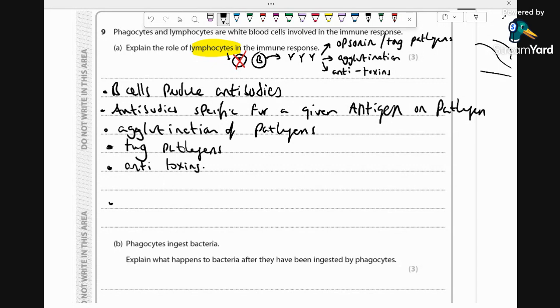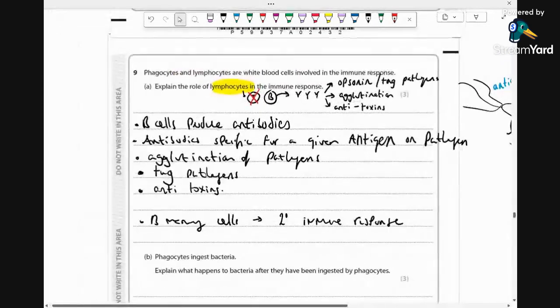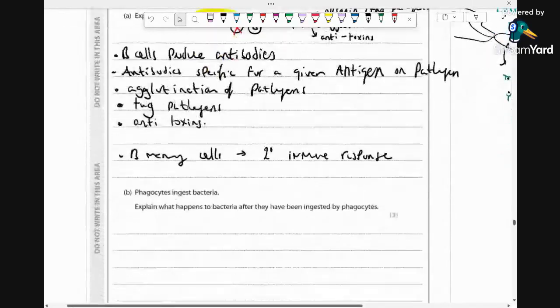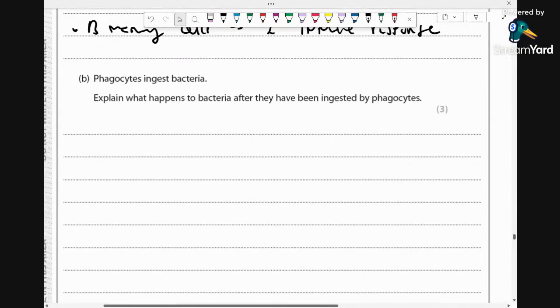They can also produce B memory cells, which is important in vaccinations to have a secondary immune response. Okay. Cool. That's probably enough.